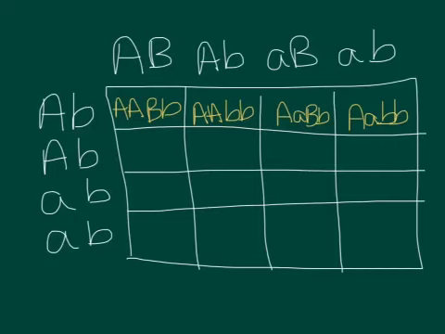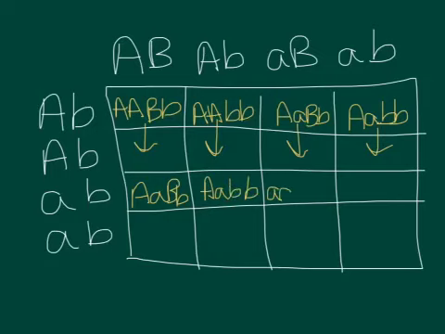But since this line right here is the same, you can just draw an arrow there instead of writing them all over again. And let's go here. What we're going to get is capital A, little a. I'm just going to work these. You just watch. Okay, and again, we can just draw these arrows down here.